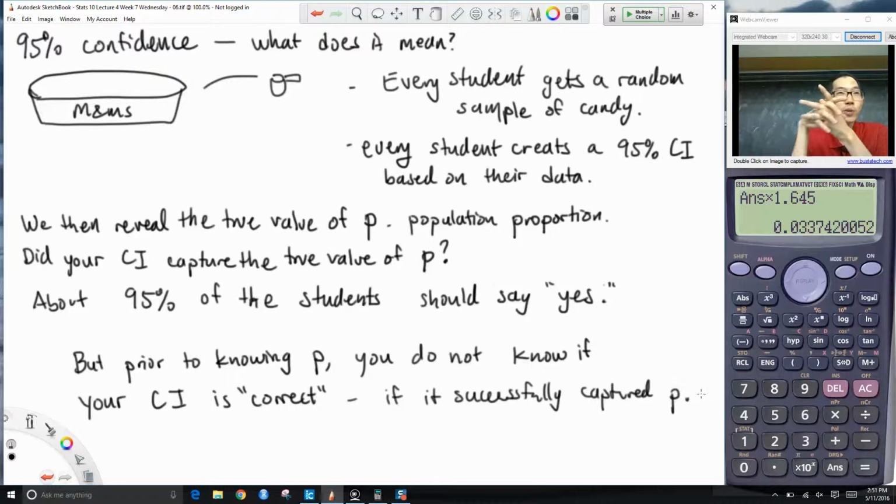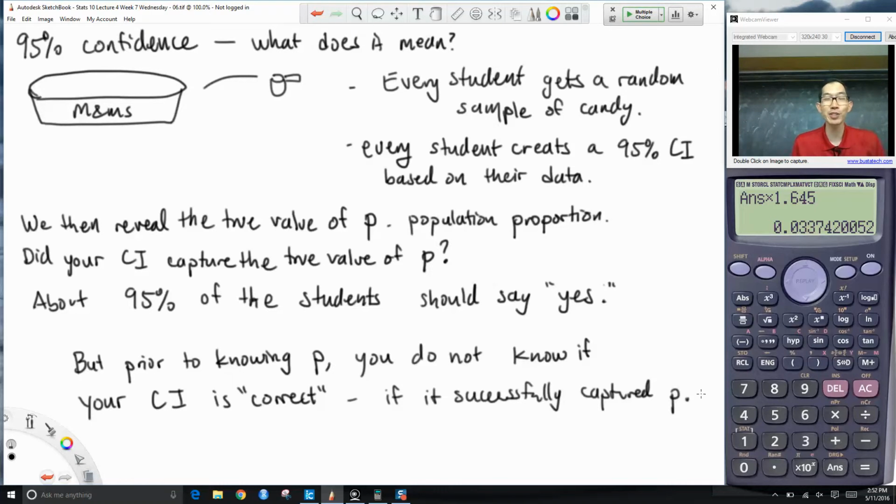It is correct to say there is a 95% probability that a random sample of M&Ms, or whatever, will produce a sample proportion p hat close enough to the true value of P so that the resulting confidence interval successfully captures P. So there's a 95% probability associated with the random sampling, a 95% chance that your random sample has a p hat close enough to P that the resulting confidence interval is, quote unquote, correct.